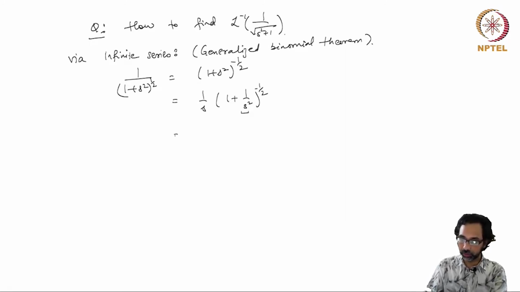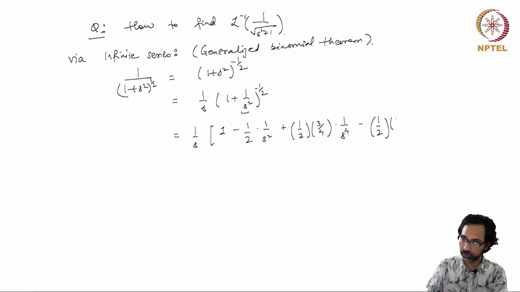So what we get here is the following series. The first term is 1, then you have minus half times 1 over s squared, then plus half times 3 over 4 times 1 over s to the power 4, then again minus half times 3 by 4 times 5 by 6 times 1 over s to the power 6, and so on.